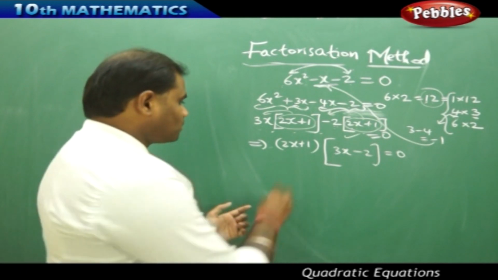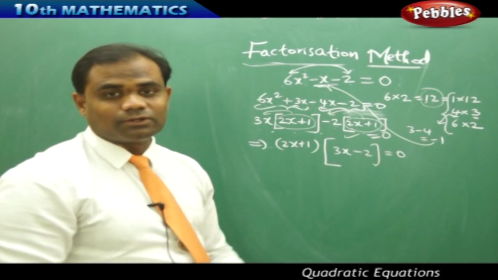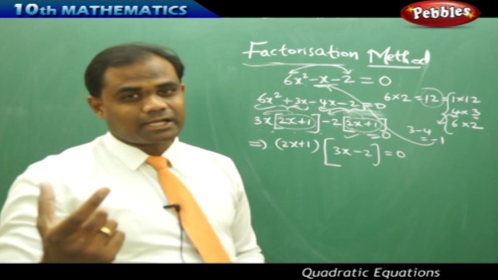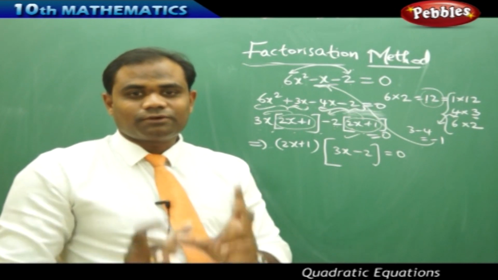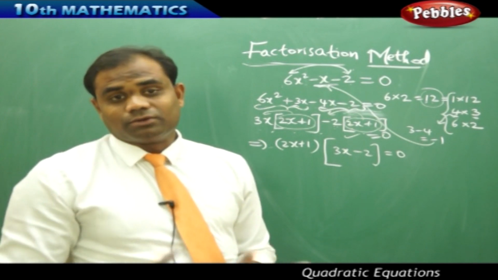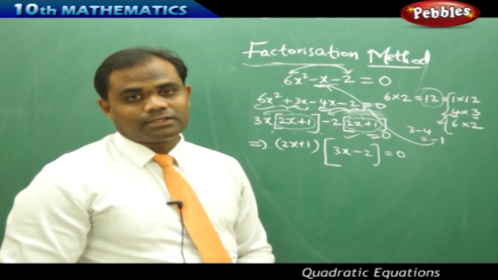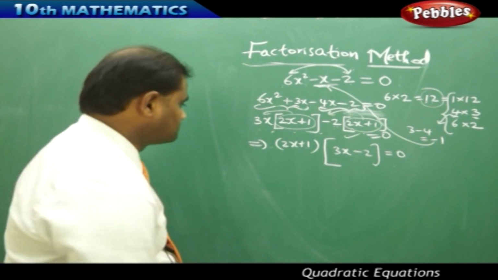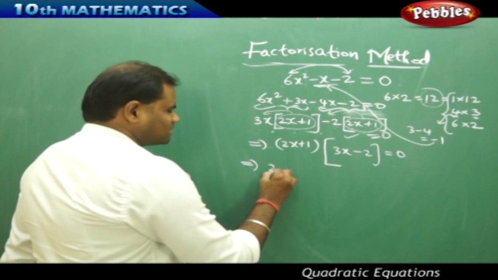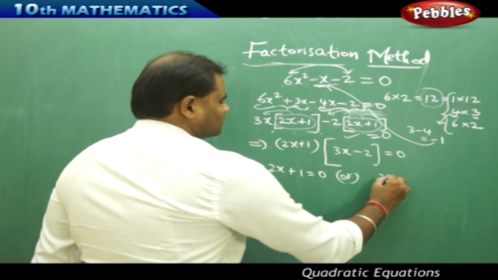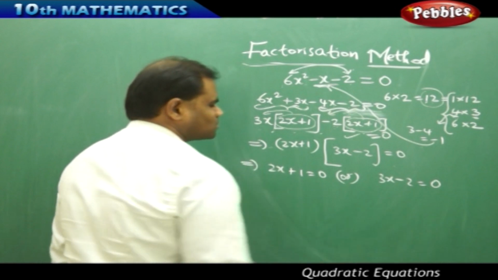Now I have the product of two factors equal to 0. The product of two factors is 0 makes me understand through the factor theorem that each of the factors can be 0. Either this equal to 0 or this equal to 0 is the factor method. So that implies 2x plus 1 is 0 or 3x minus 2 is equal to 0.